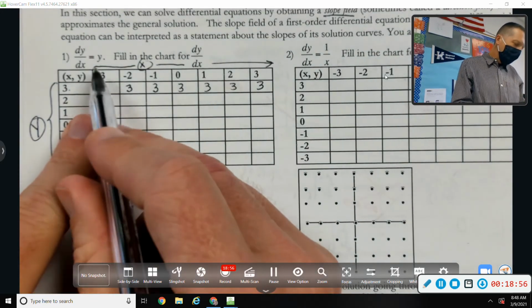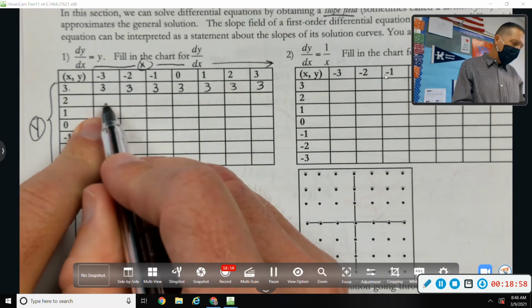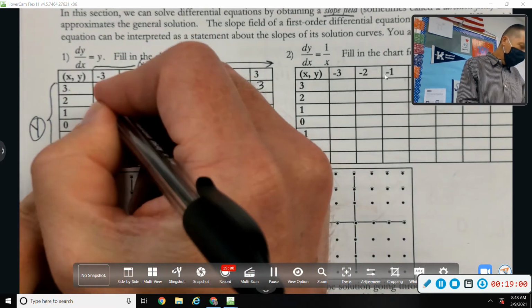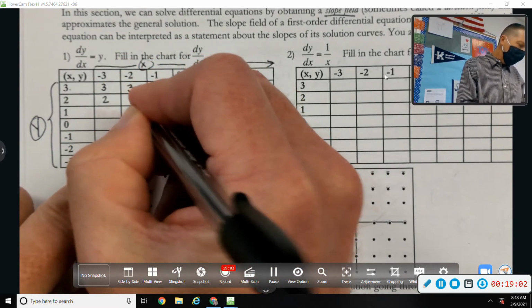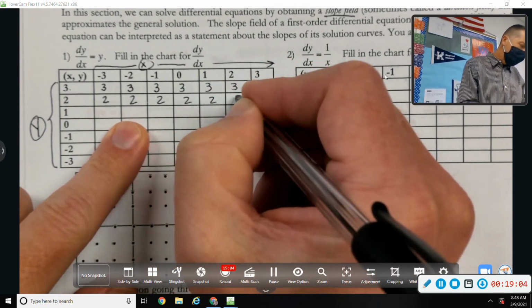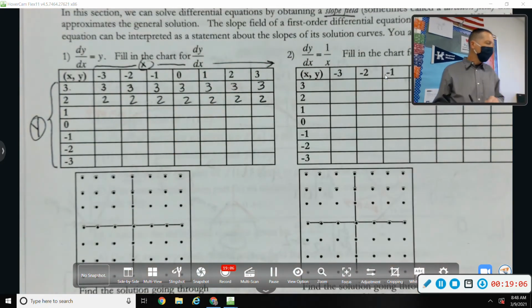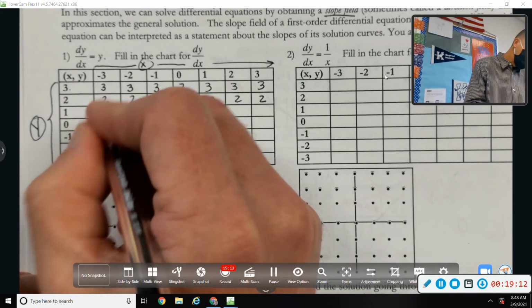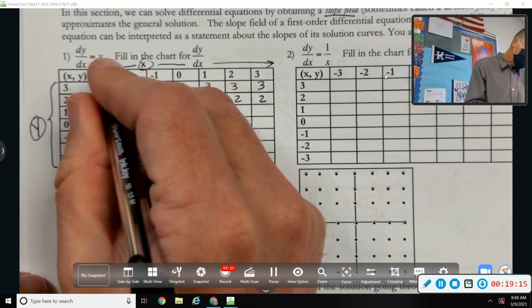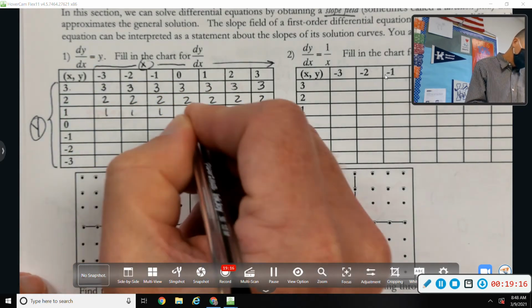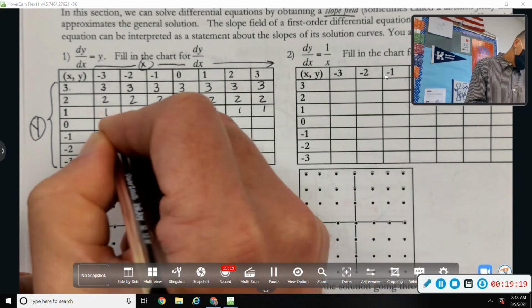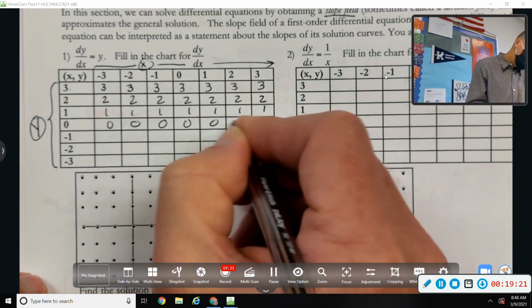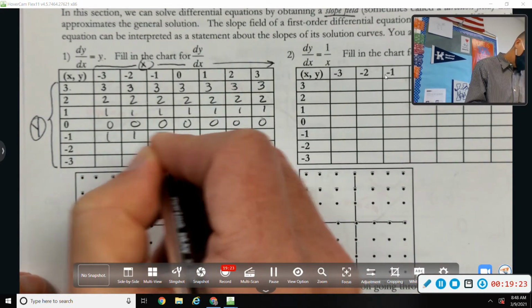This next row, y is 2. If y is 2, the slope is 2. It doesn't really matter what x is. So all of those are 2. The next row, y is 1. The slope is y, so the slope for all of those is 1.